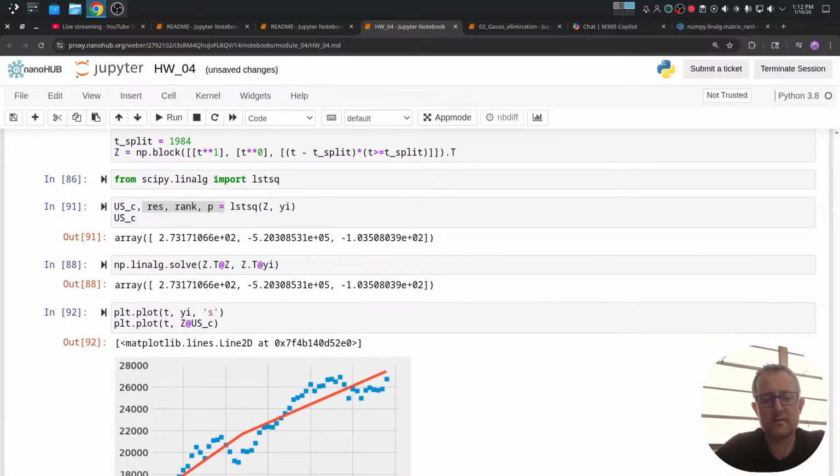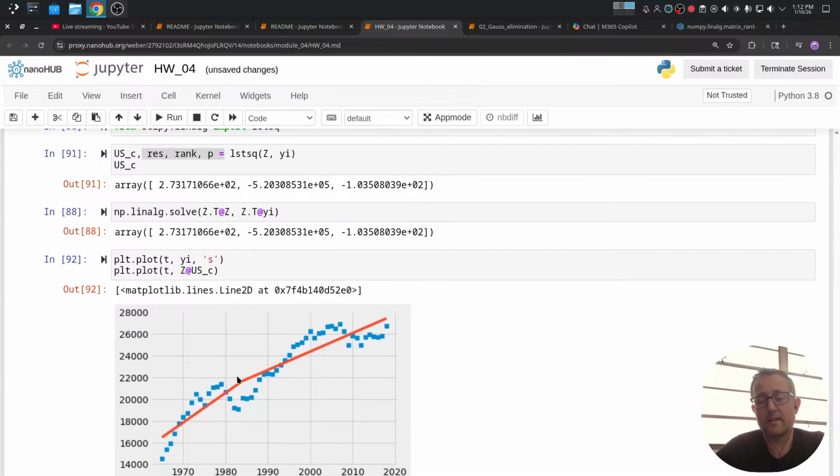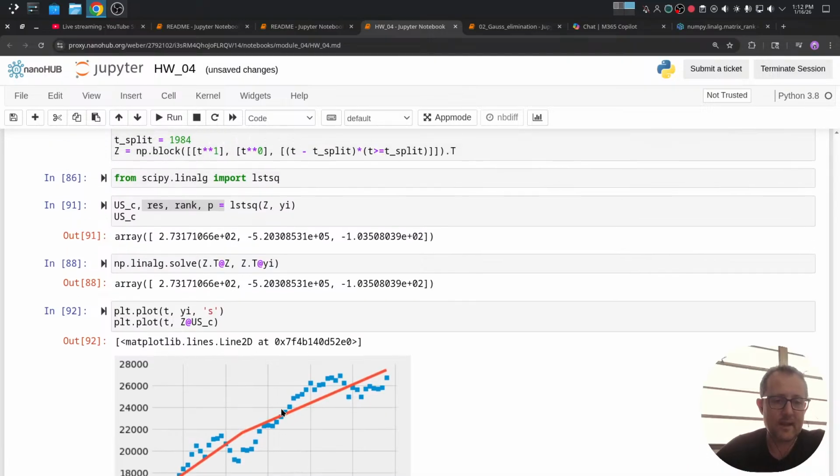And now, so at least to me, the fact that I split it here doesn't really help. Like, I know I'm getting constants for everything. Like, yes, it looks like the slope is changing, but it's not. I don't think that's a good place to split the data, at least visually.